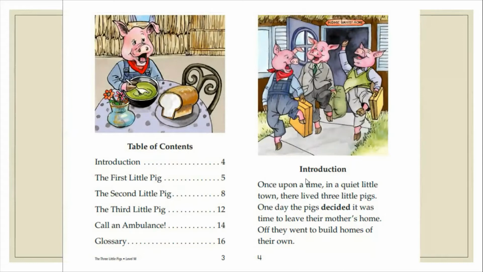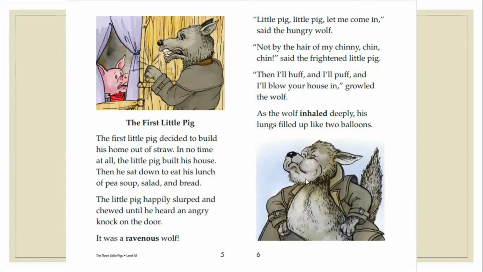Introduction. Once upon a time, in a quiet little town, there lived three little pigs. One day, the pigs decided it was time to leave their mother's home. Off they went to build homes of their own. The first little pig decided to build his home out of straw.